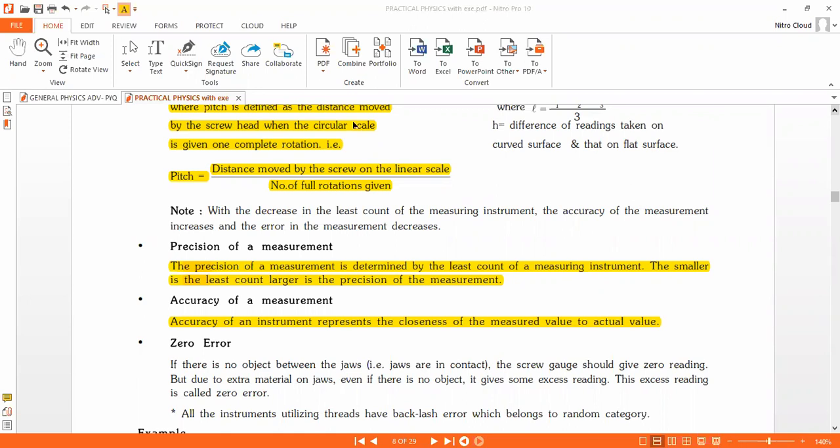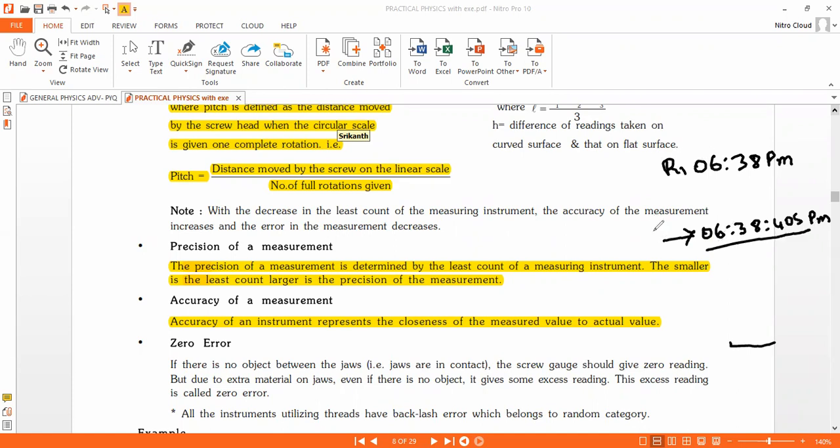Suppose I say it is 6:38 p.m. You might say, sir, not 6:38, but 6:38 and 40 seconds p.m. This value, or this reading, is much more accurate than the first reading.